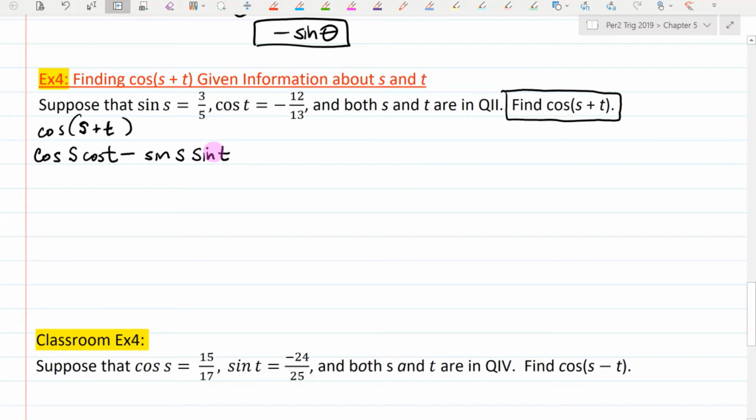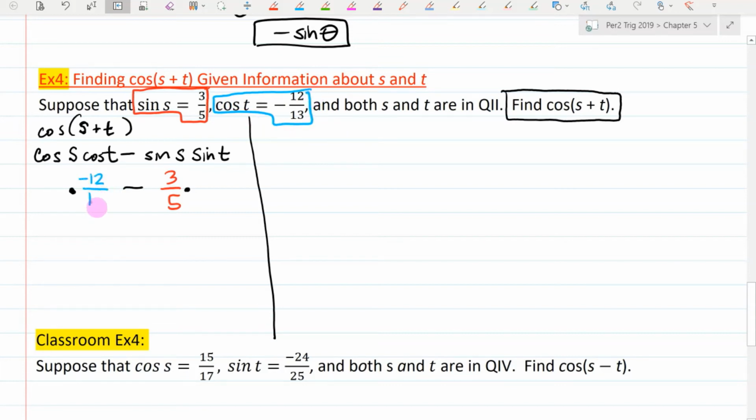All right? So there are 4 terms that we need to figure out. Now, there are 2 questions here. But the first thing is that they tell us that sine of s is 3/5. Okay? So I already know that part right there. I also know that cosine of t is negative 12/13. And now I'm going to find the rest of them. The next thing, they tell us that both are in quadrant 2.